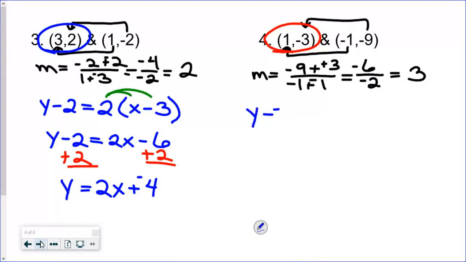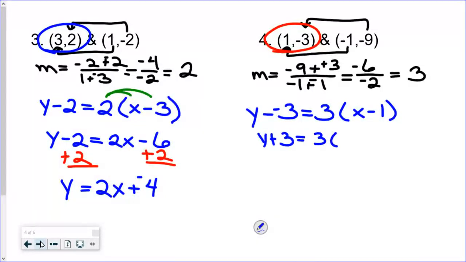So y minus y, my slope, x minus x. Note, this is really a plus 3, and I just like to write that out so when I start distributing, I have it all set to go. So I still have this y plus 3, and I have a 3x minus 3.